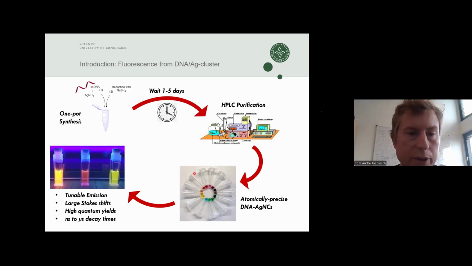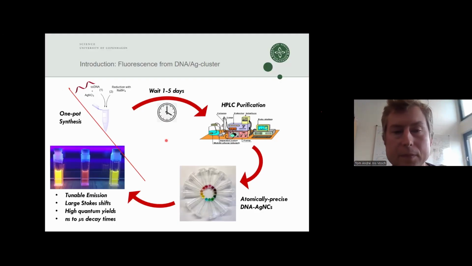So we mix the three things together. Then we wait a couple of days, and depending on the sequence, it can be one or several days. Usually we follow that with absorption and fluorescence to see at which point we have achieved our maximum yield. And then after that, we do HPLC purification in order to get our specific cluster of interest.